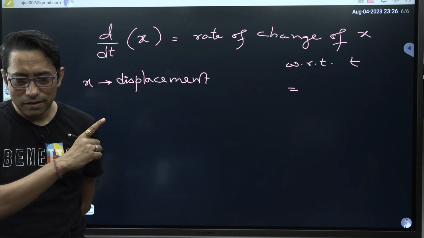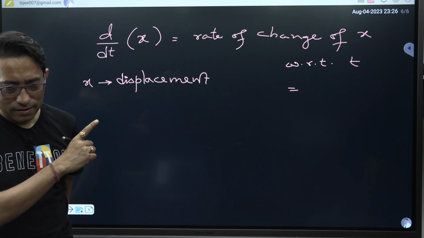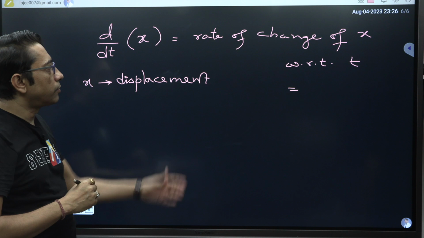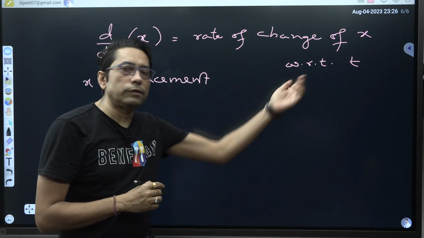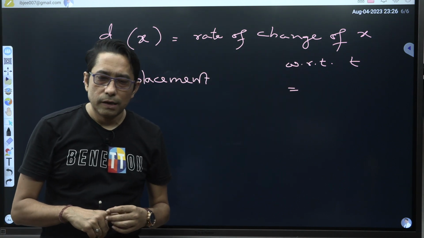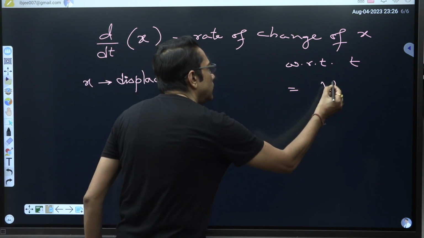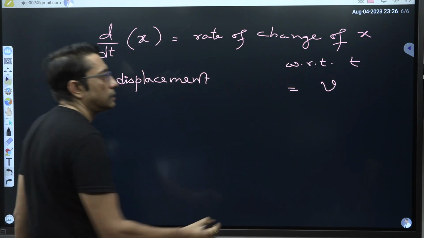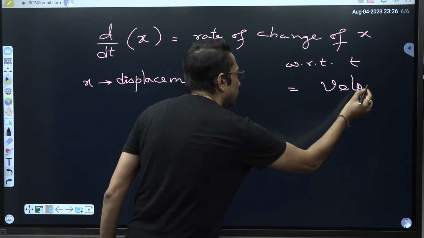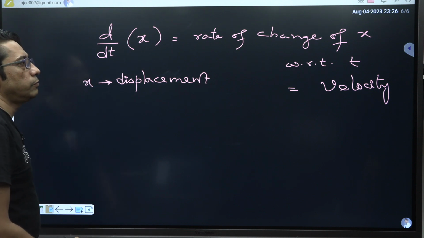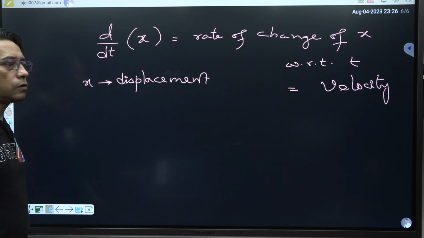This is what? Sir, displacement, vector quantity. A little more than that. Rate of change of displacement with respect to time. Velocity. Yes, very good. This is velocity. The rate of change of displacement with respect to time is called velocity.